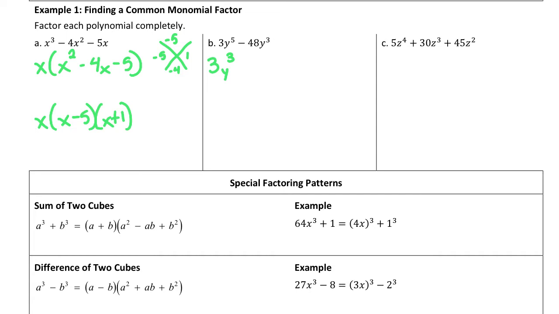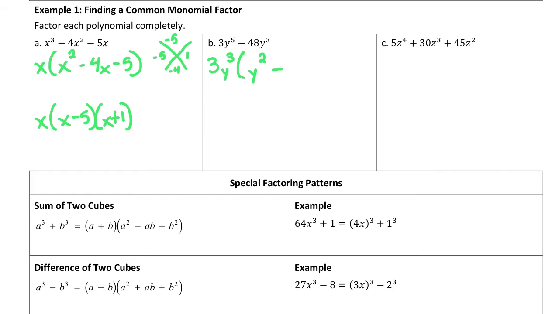When we factor out variables, as long as they're the same variable, we factor out the variable with the lowest degree. So this 3y to the fifth becomes just y squared.